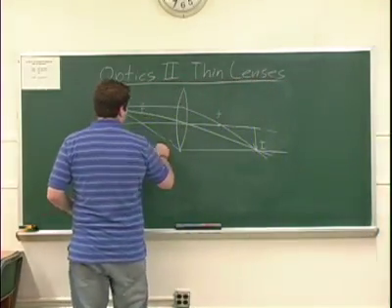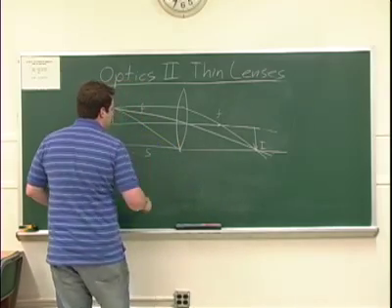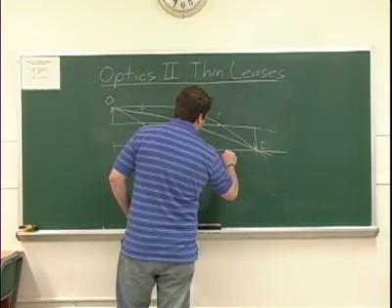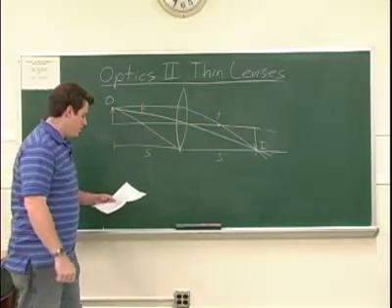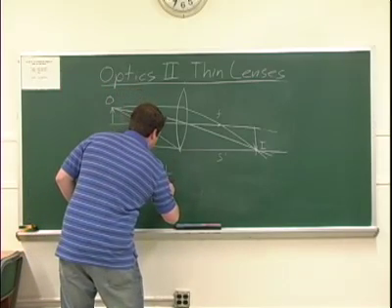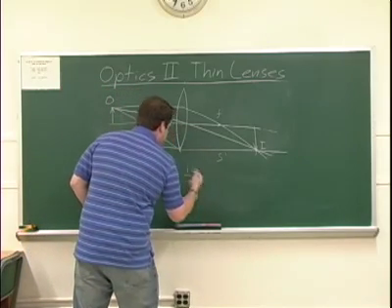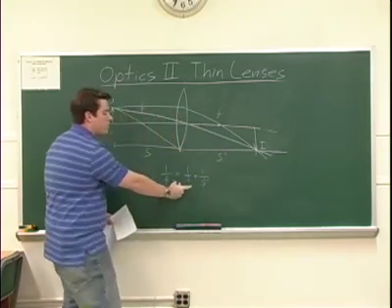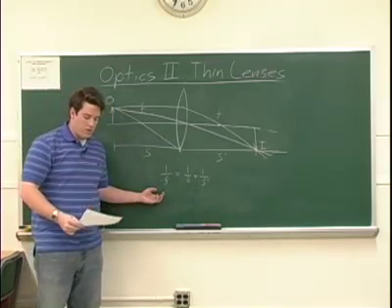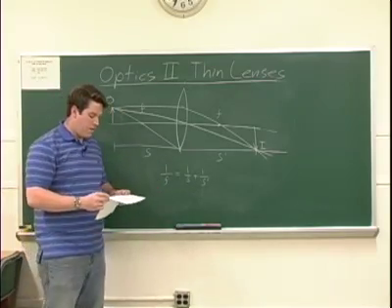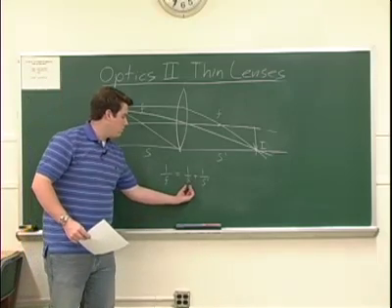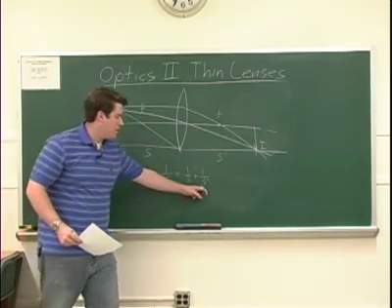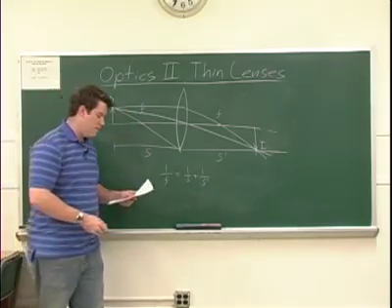The thin lens equation says that if the object is a distance s away from the lens, and the image is a distance s prime away from the lens, then s and s prime can be related by saying that the sum of their reciprocals, that's 1 over s plus 1 over s prime, is equal to 1 over the focal length. It should be noted that by knowing s and the focal length ahead of time, you can predict s prime, the location of the image.